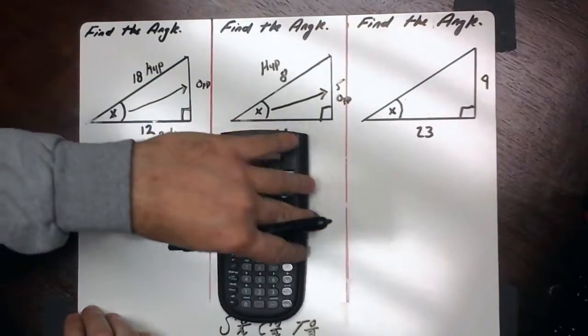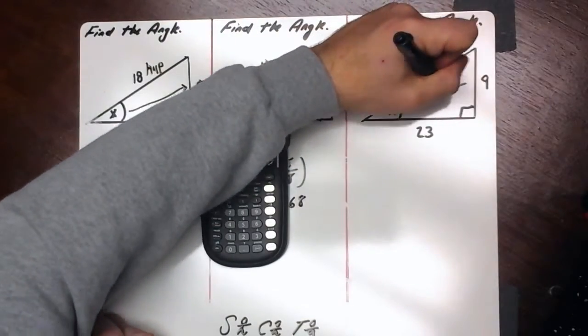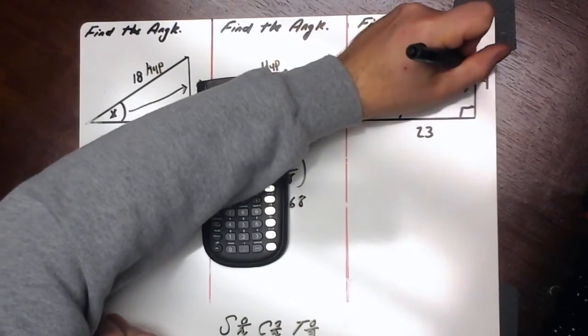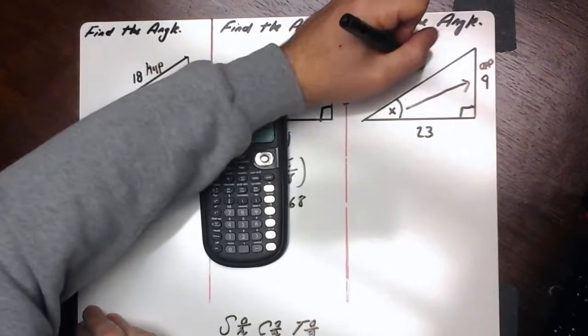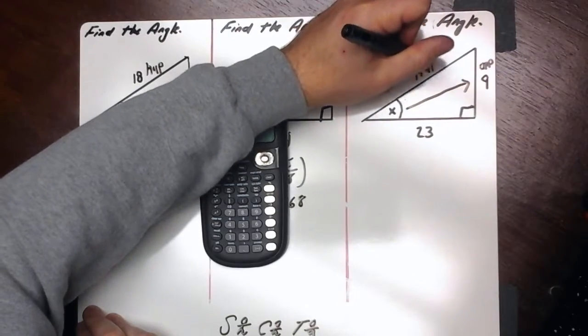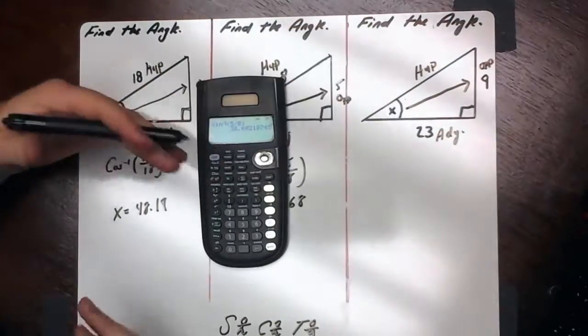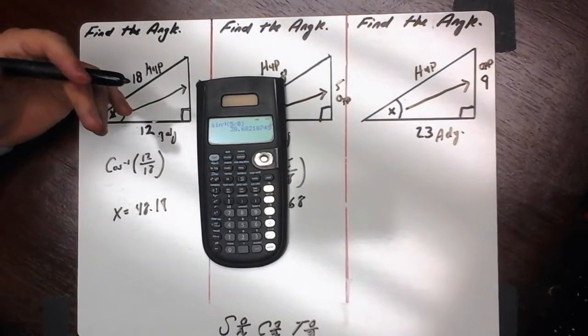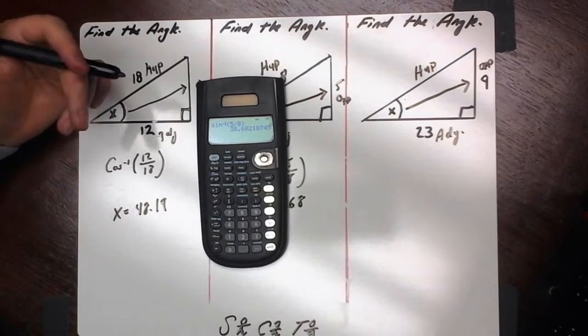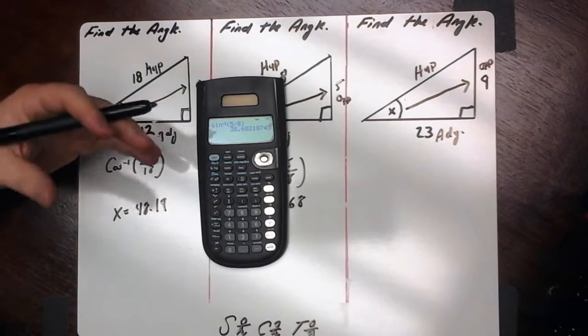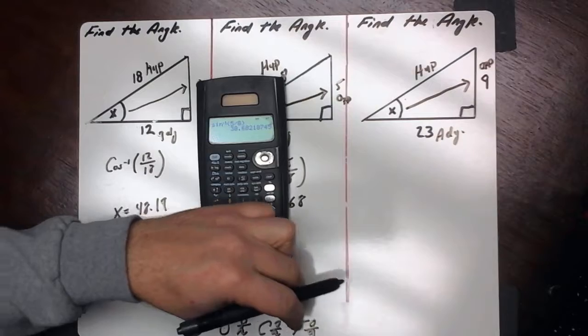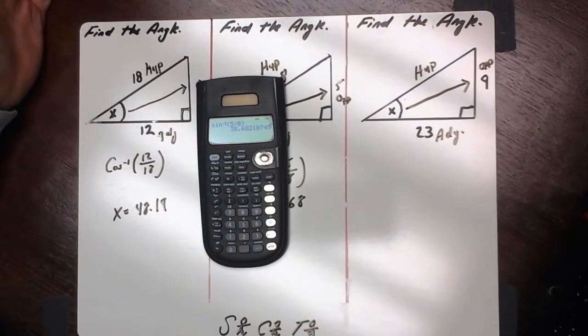And then lastly, this is opposite. This is the hypotenuse and adjacent's left. Labeling the triangle is key. Once I identify the sides I have, I could easily pick the trig ratios, definitely if they're in front of me, which one to use.